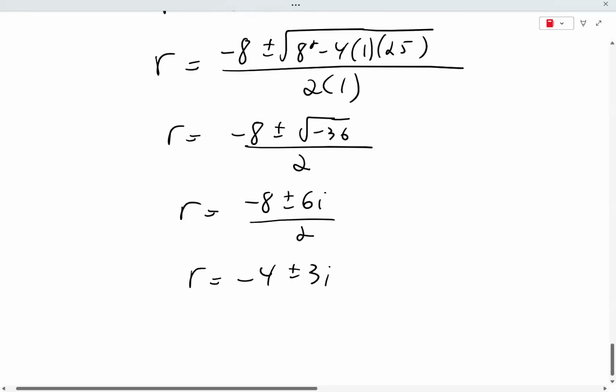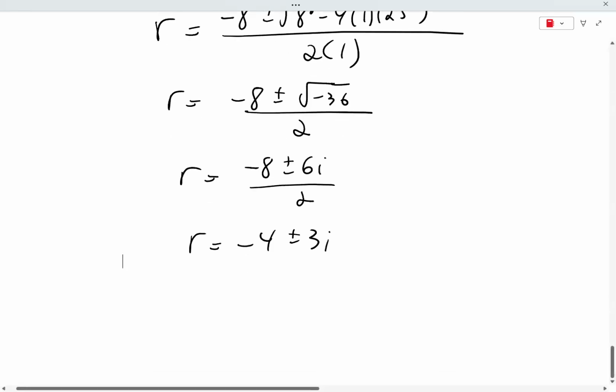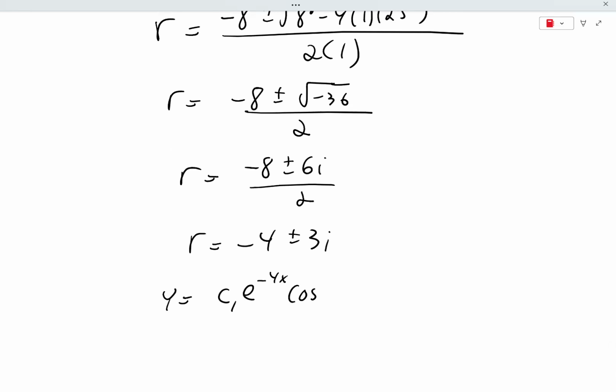Okay, and then so this one here looks like this. So you get y equals, we can do it different ways, C1 e to the negative 4x cosine 3x plus C2 e to the negative 4x sine 3x.